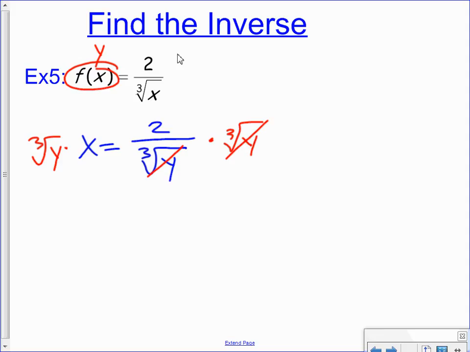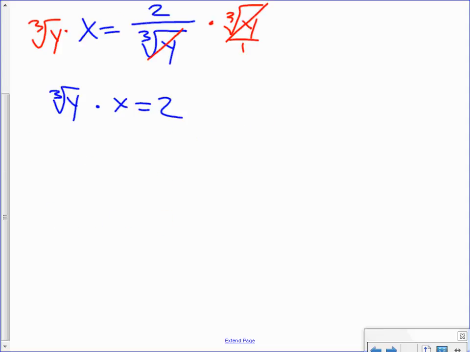It's just cube root of y like over 1, right? So it's in the denominator, so multiply to the other side. True? Okay, good. So we've got cube root of y times x equals 2. So 2 over x. So cube root of y equals 2 over x.